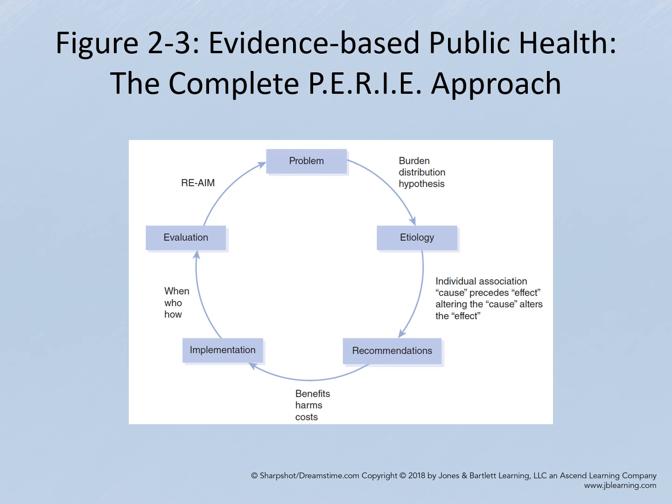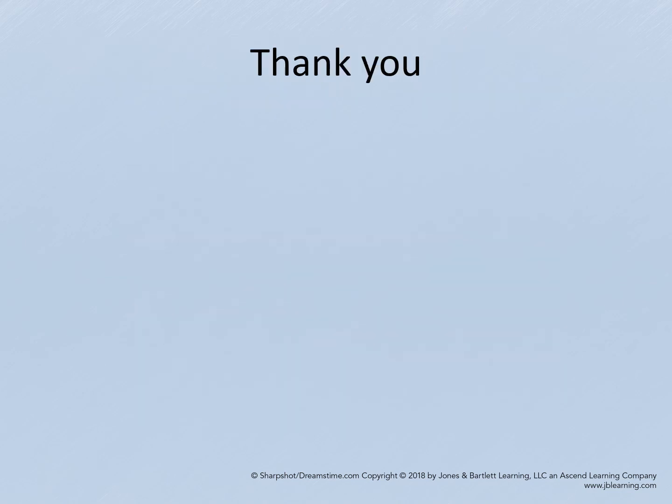Based on that, we have recommendation, we look at benefits, we look at harms, and we look at cost. Is the intervention cost effective? Then after implementation, when can it be implemented, who is targeted, and how is it implemented? And then evaluation using the RE-AIM approach. So this concludes chapter 2.